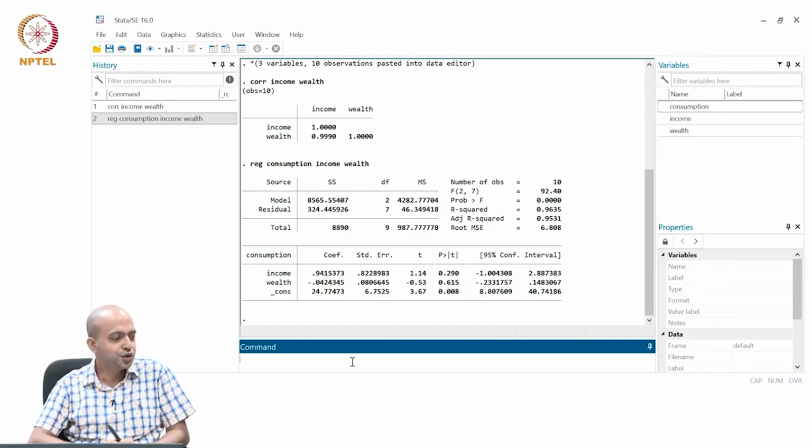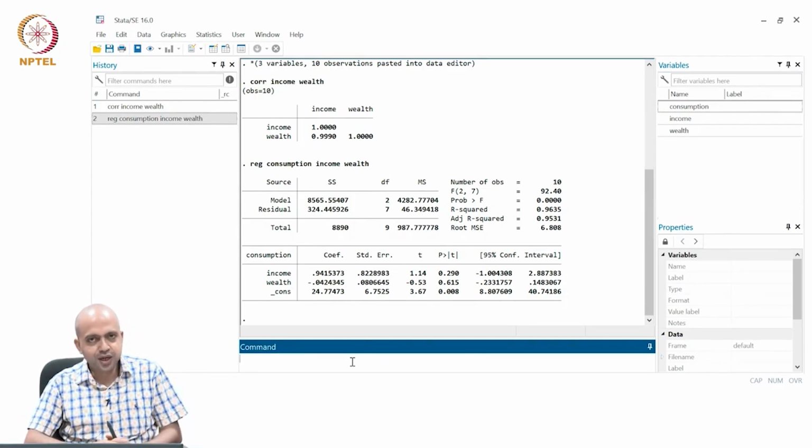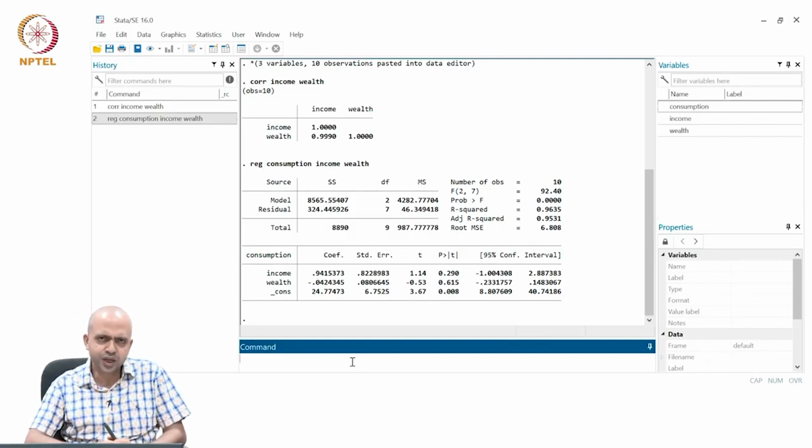What about wealth? Wealth is also insignificant because its p value is 0.615. So, that means you have estimated a model including income and wealth, but ultimately both the variables are insignificant, right.